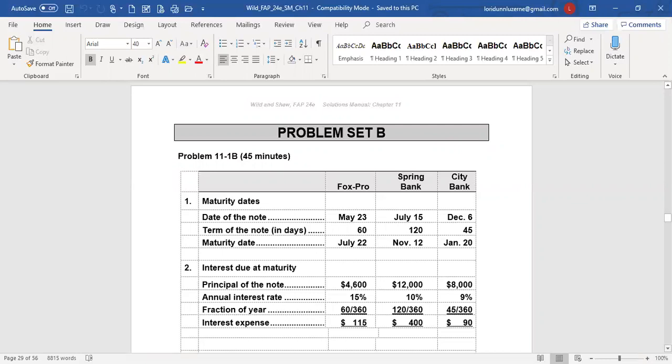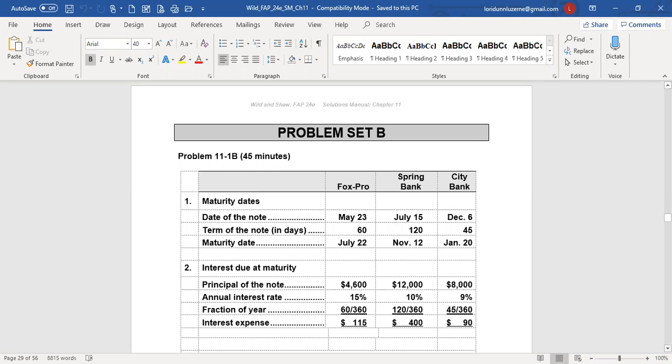Now, in number 3, they want us to determine the interest expense recorded in the adjusting entry at the end of year 1. Now remember, if a loan begins and ends, so it matures, so we borrow the money and we pay it all back in the same year, all the interest is an expense in that year because the loan only existed during that year.